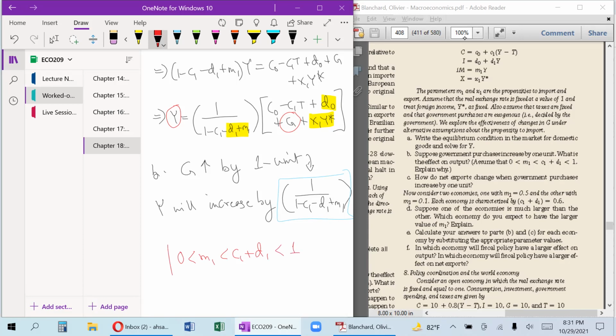Now this is mentioned in the question, and this is very important. Without this relationship, we would not be able to solve this problem. Or at least, we will be able to solve this problem, but we would not be absolutely certain that the answer that we have would make any economic sense.